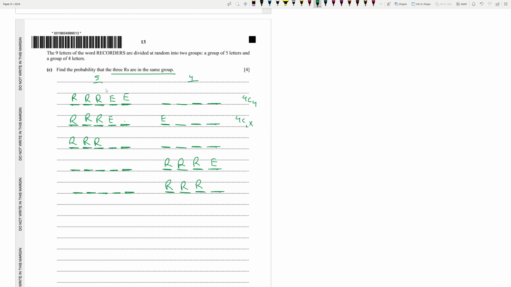One letter just goes there. Let me show you something first. So the E has to be here, right? Similarly, the E's have to be here, and here one E has to be over here, and here both the E's have to be here. That's the general idea.